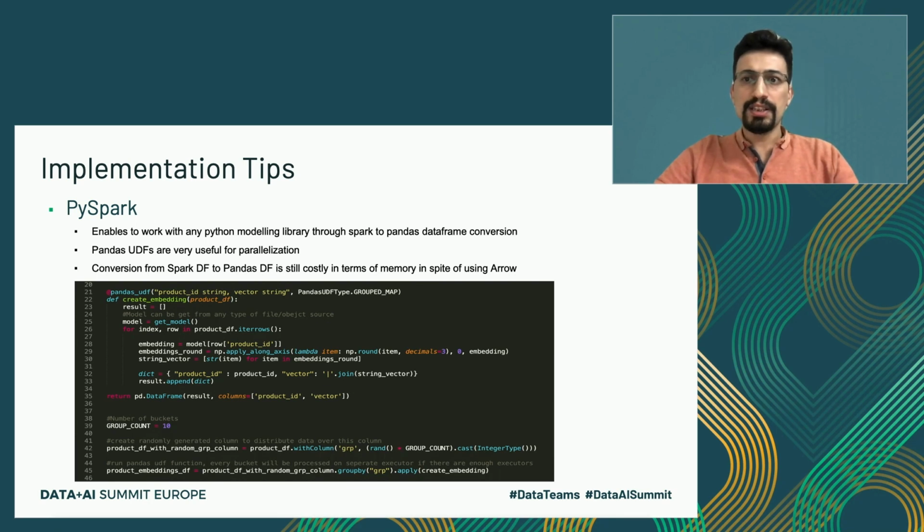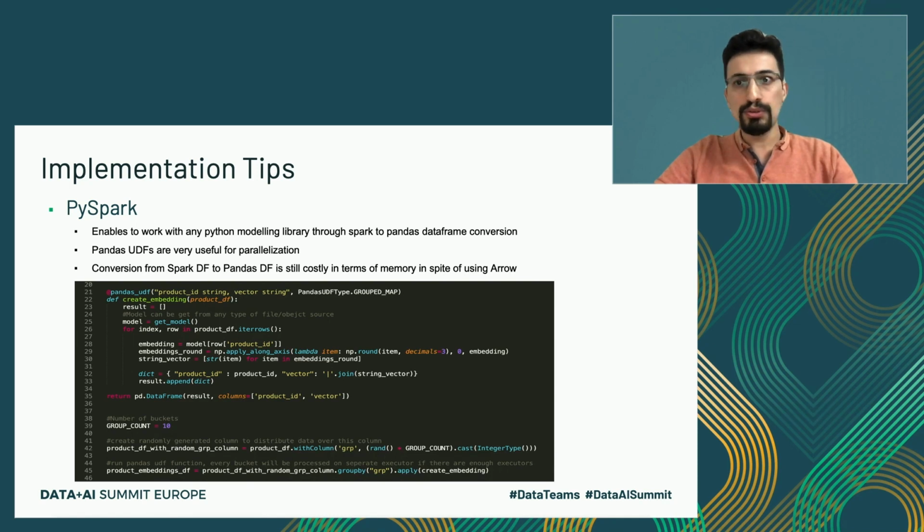Embedding creation is done in UDF with a distributed approach at line 28. Code creates random group ID for all records to distribute them over this group ID at line 42. At line 45, create embedding function is applied to the data frame using GRP column as a grouper value.